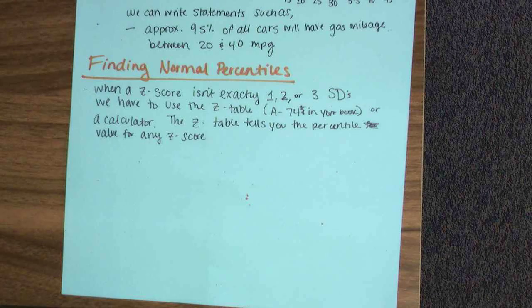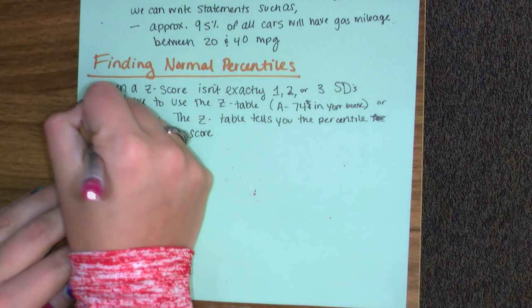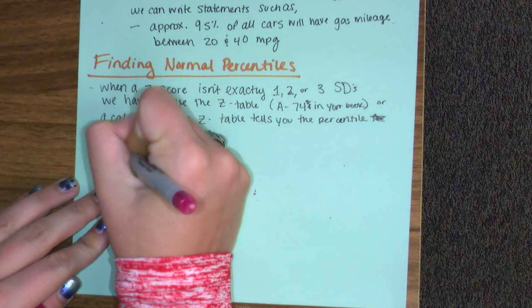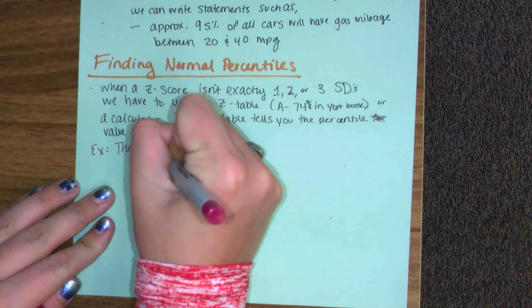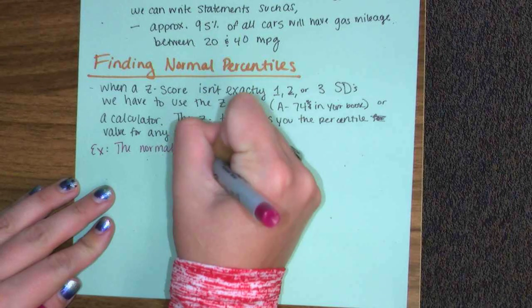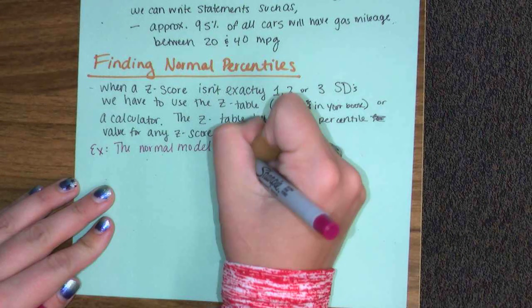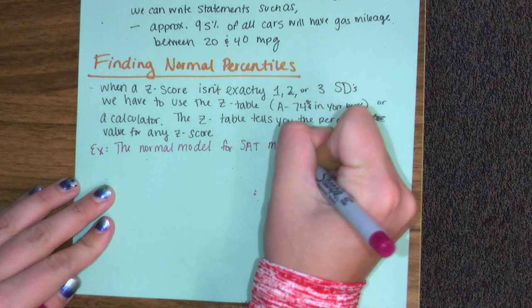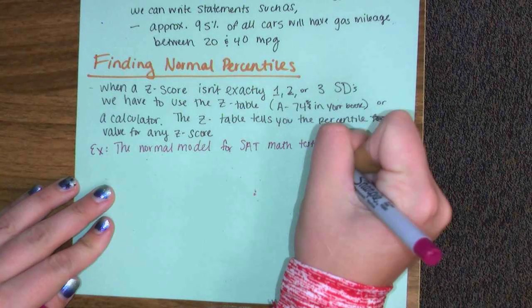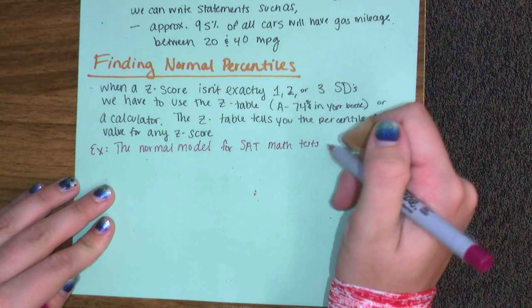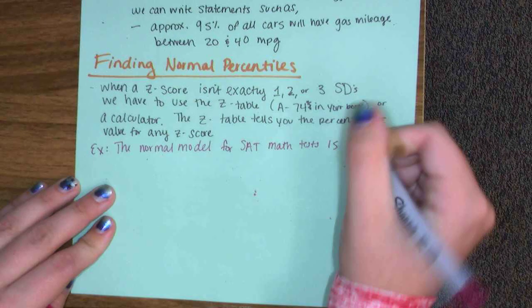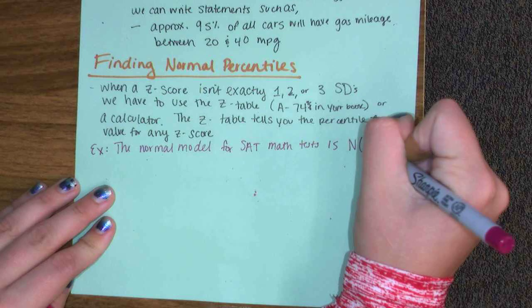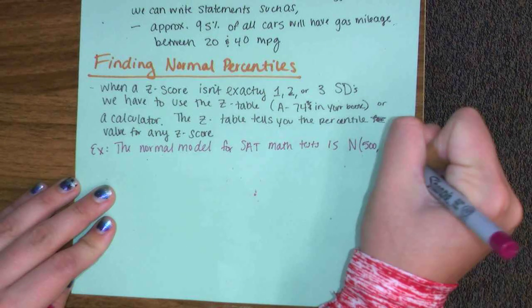Alright, so an example. The normal model for a SAT math test is 500 with a standard deviation of 100.